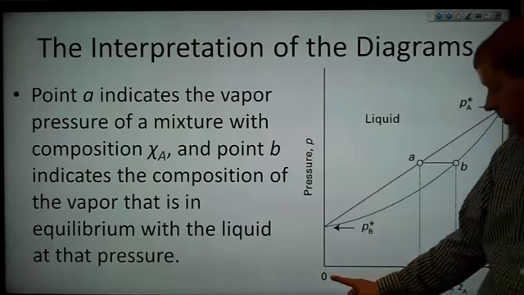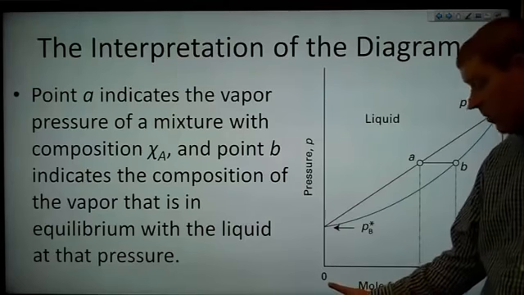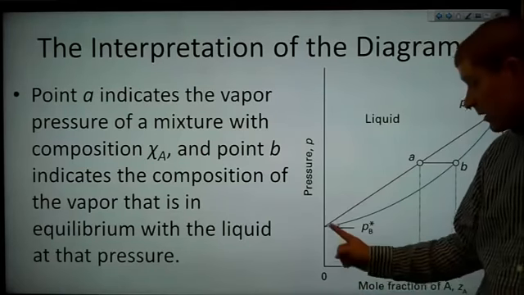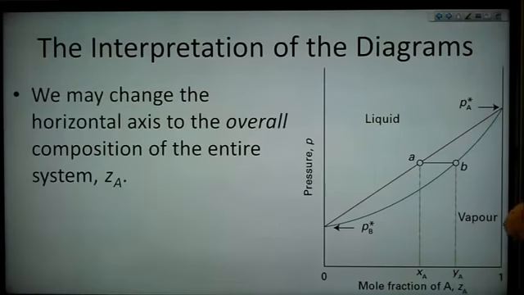We know that because the vapor pressure of the whole solution at mole fraction of A of 0, so pure B, is down here, and on the other end we've got the mole fraction of A of 1, and that gives us a vapor pressure of pure A, and that's up here. So A is our more volatile component.